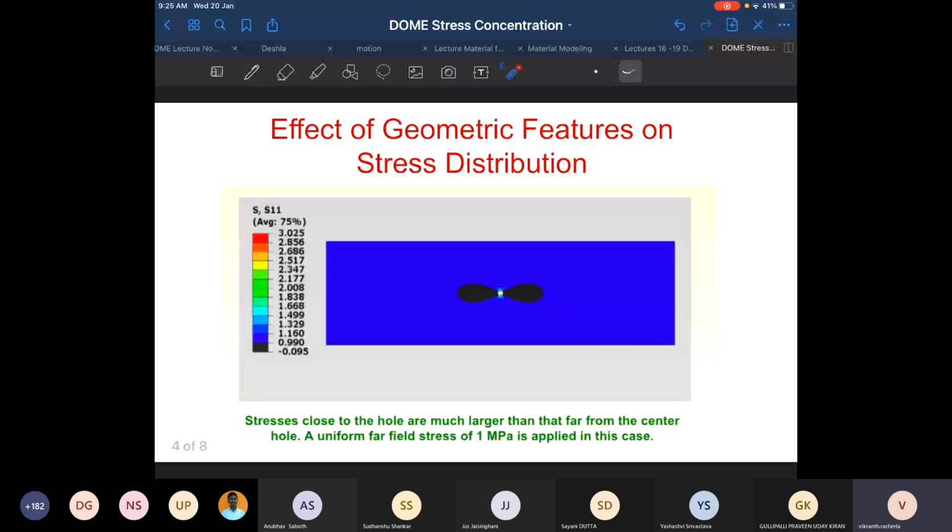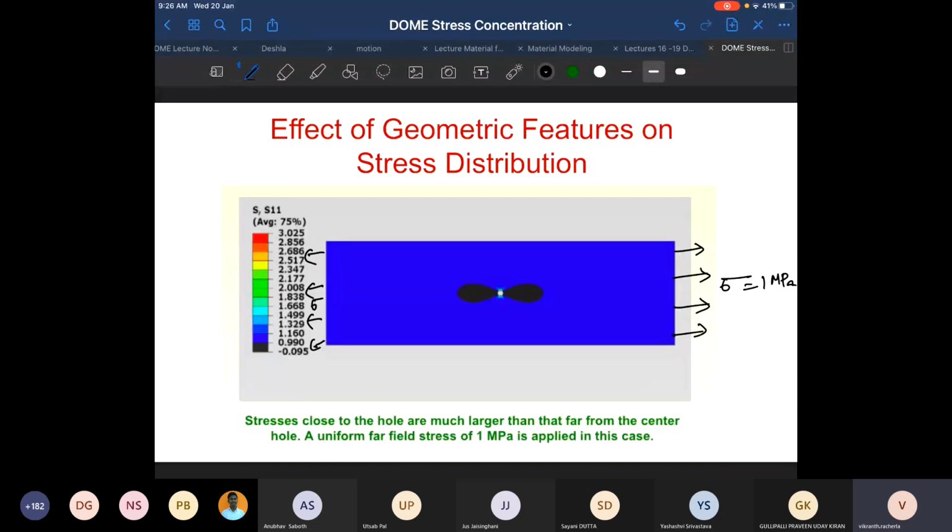Over here I am considering the following problem. I am considering a plate, and I am subjecting this plate to far field uniaxial tension, with sigma equal to 1 megapascal.